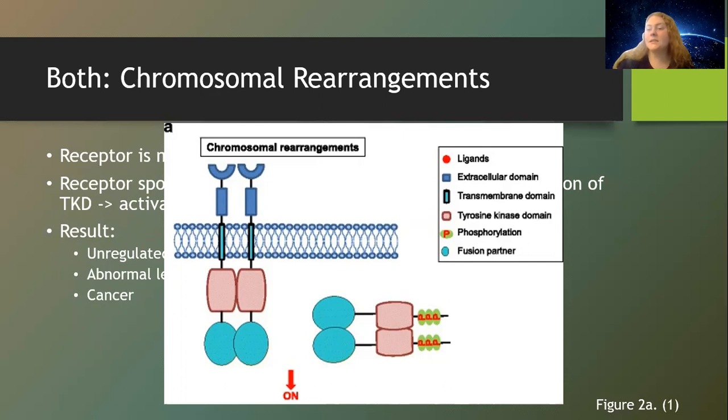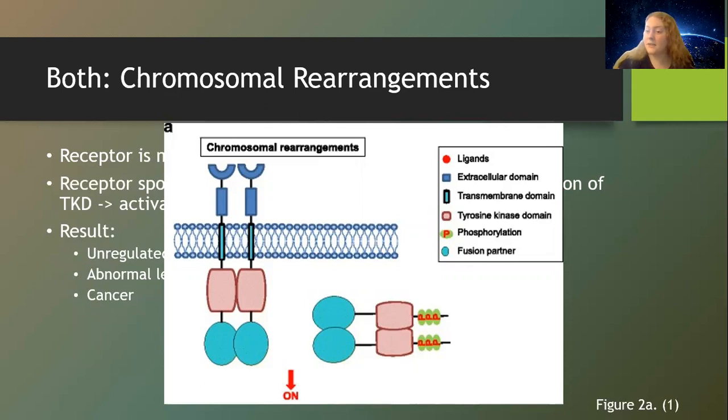And when it gets released into the cytoplasm, it is able to bind to another non-functional version of this particular RTK domain, and it's causing activation. And this is abnormal activation that is coming from within the cell, which means that it is a type of gain of function because it's not requiring a ligand to turn it on.